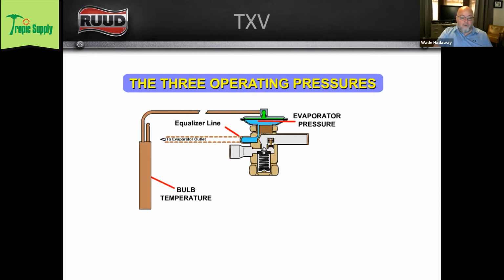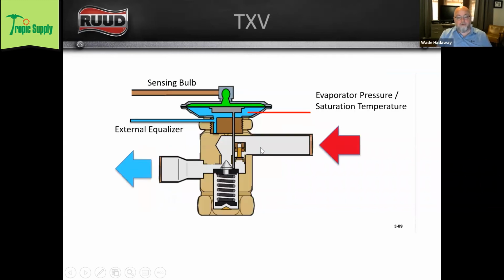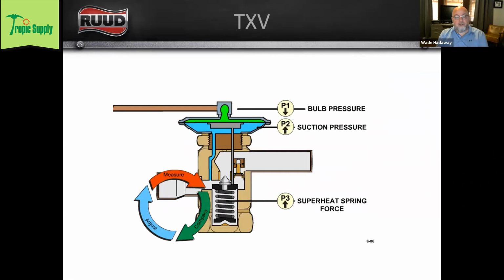So the hotter the suction line, the hotter the sensing bulb gets, the harder this pressure pushes down, and the more refrigerant flows through the valve. And this is a pretty good representation of how that valve works, right?